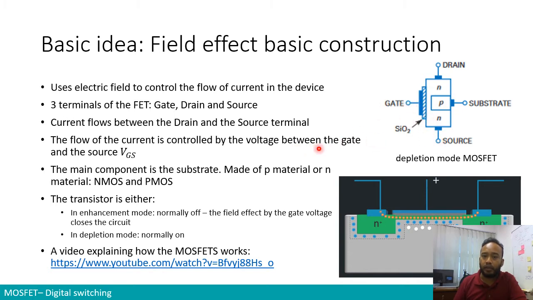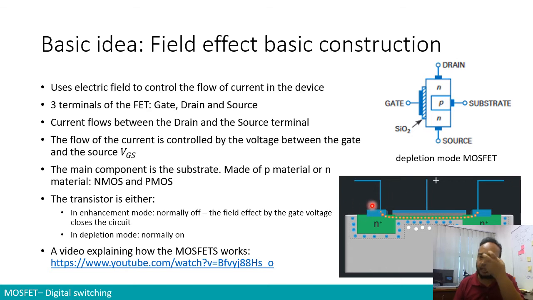If you want to understand the working mechanism inside the material itself, inside the PN, NPN junction of the material, you may go to the video that I attached in the slide over here. It's a very intuitive and well explained video describing how it works. Basically, what happens is you have the gate in the middle, and then you have the drain and the source on both sides.